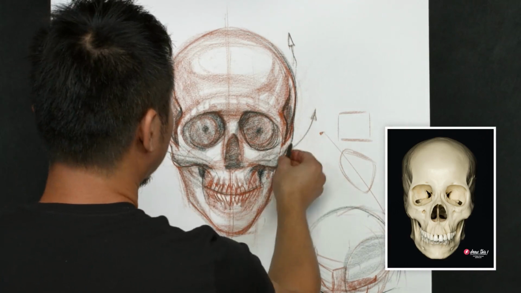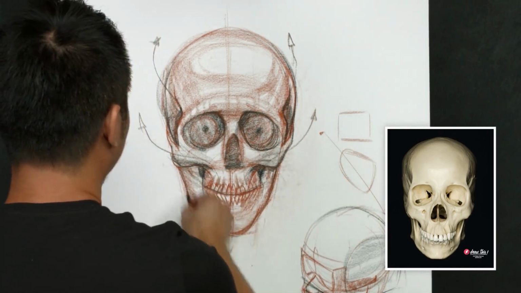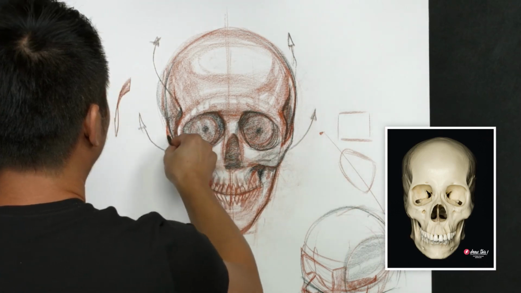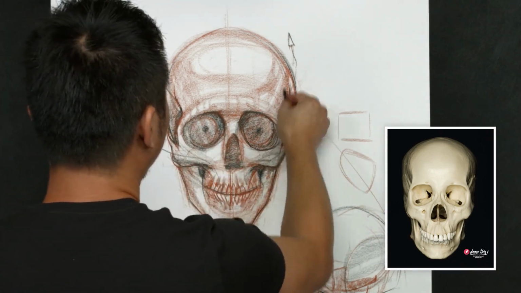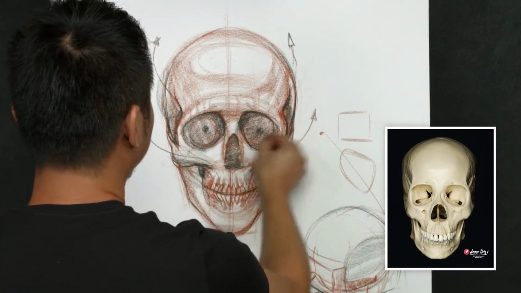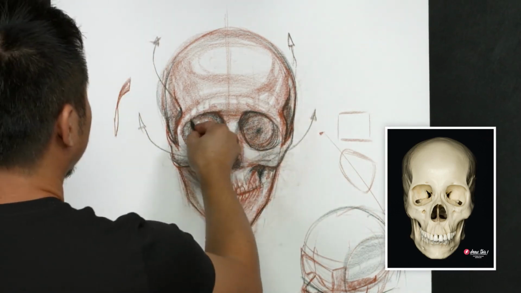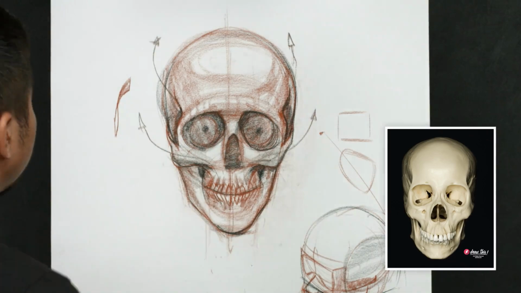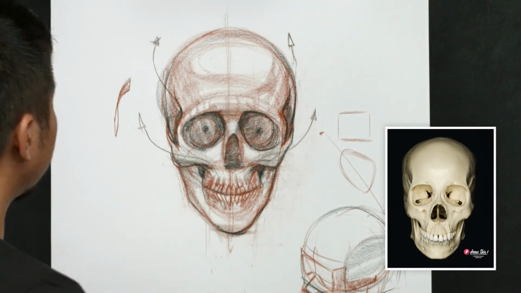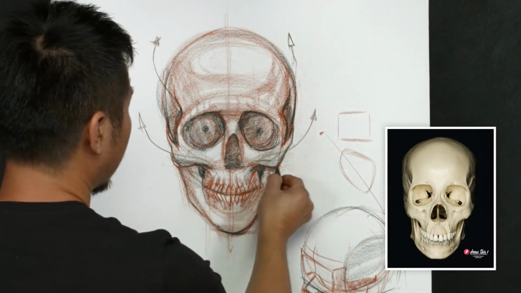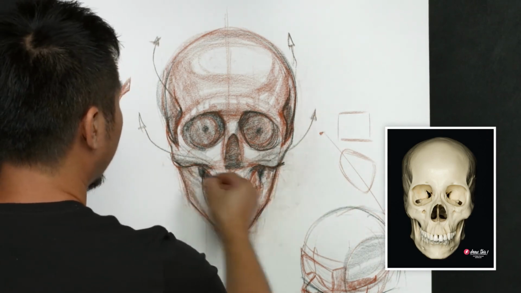Okay, so you can see that's the front view structure and proportion of the skull. Keep in mind some of the key points, especially what I was mentioning, the alignment of the cheekbone. That plays a very, very important part.